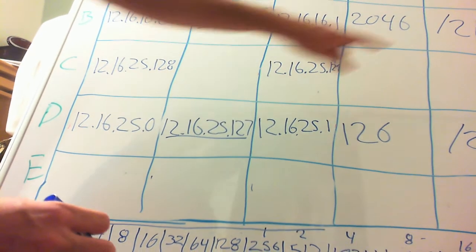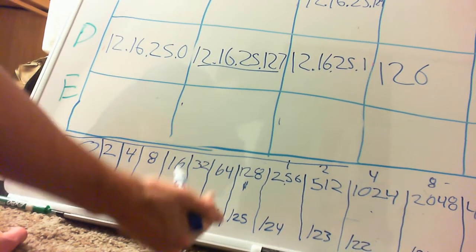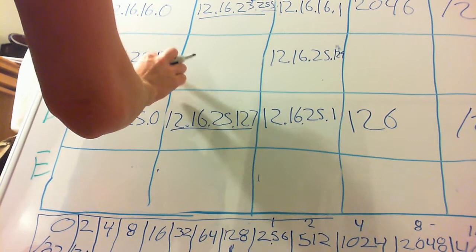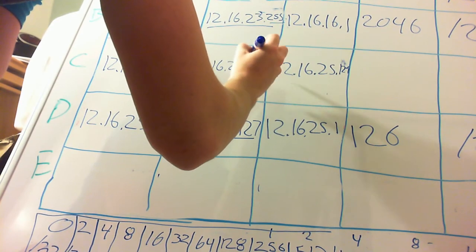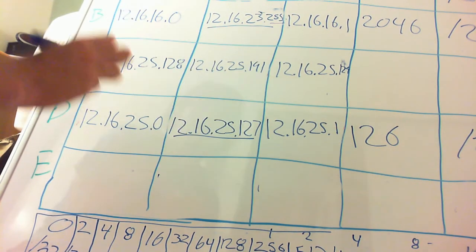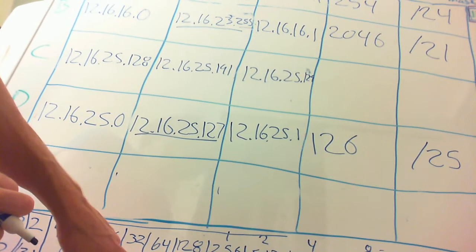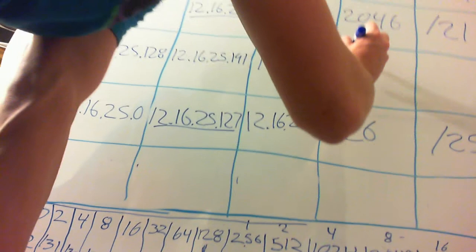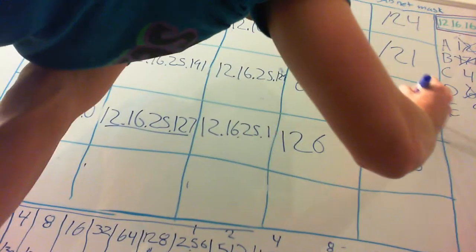Our broadcast at 47, which goes right here, 63, which is 1/4 of a class C. So you got 63 plus this number, which is 12.16.25.191. Our total host is this minus 2, so 62. And our subnet mask is /26.